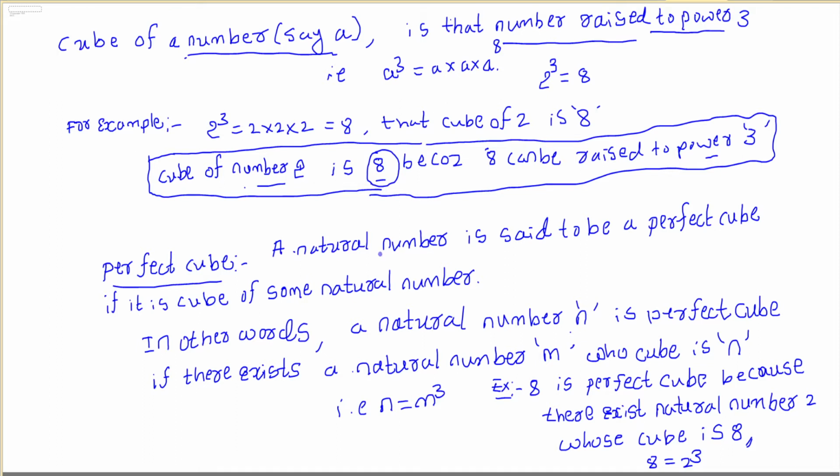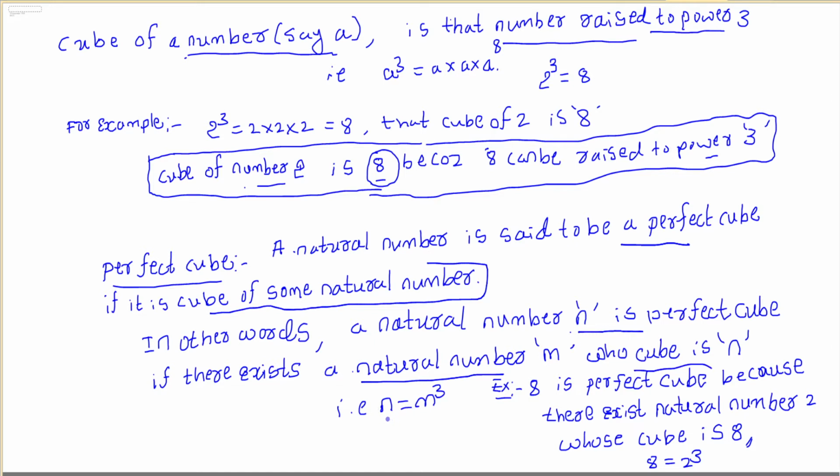Then what is a perfect cube? A natural number is said to be a perfect cube if it is the cube of some natural number. For example, a natural number n is a perfect cube if there exists a natural number m whose cube is n.